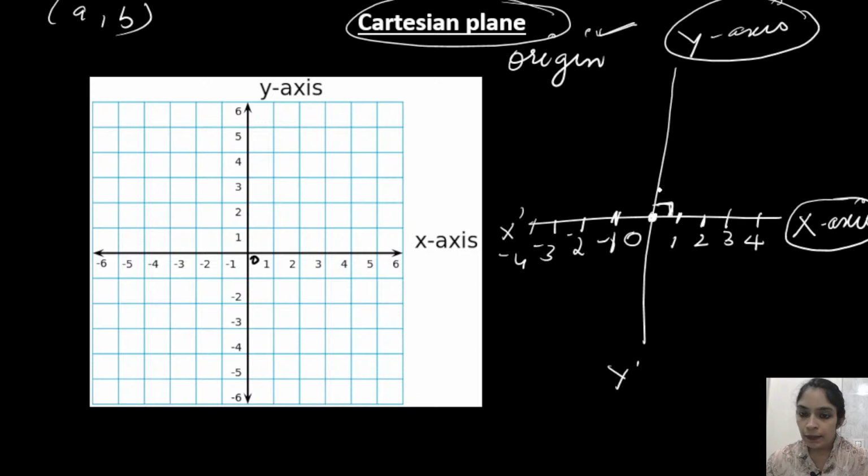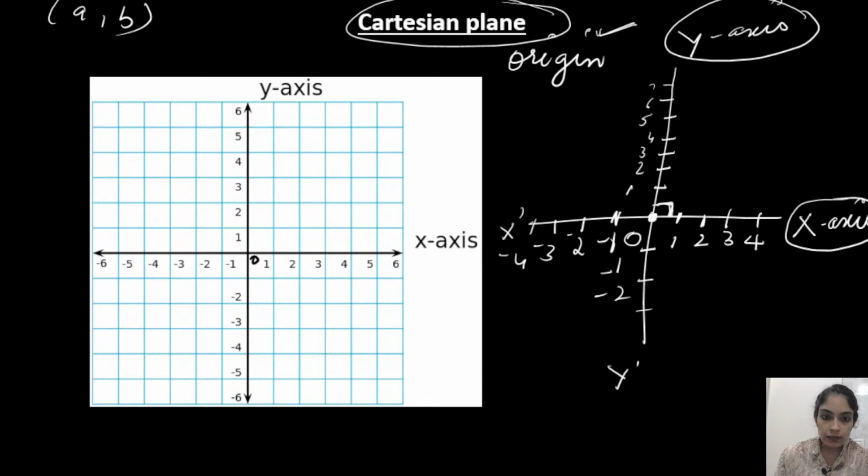So on the upper side we have positive values of the y-axis like this. So 1, 2, 3, 4, 5, because these are number lines. And on a number line, you know, on one side we have positive values, on the other side we have negative values. So same like that only. So on the upper side we have positive values of the y-axis because these values are on the y-axis, and the lower side we have negative values.